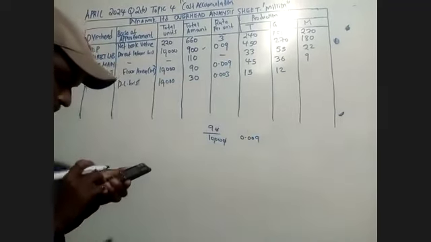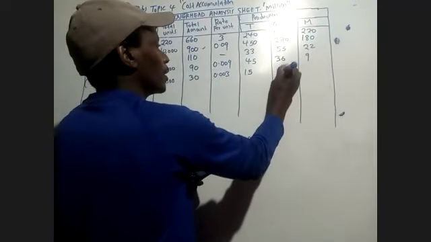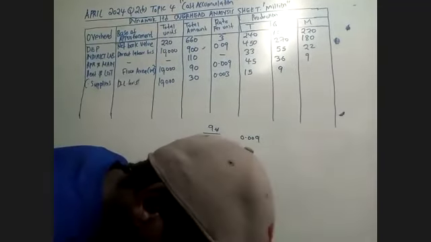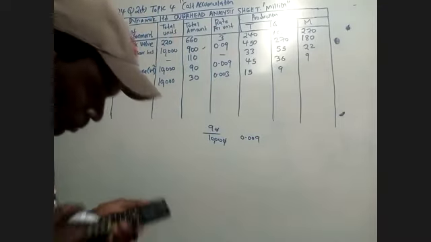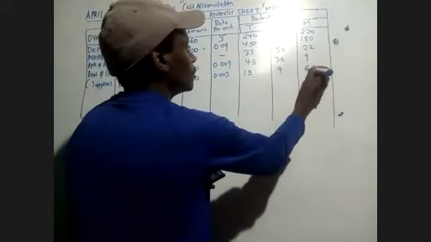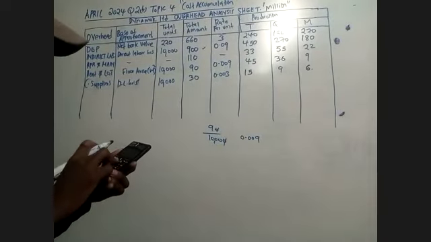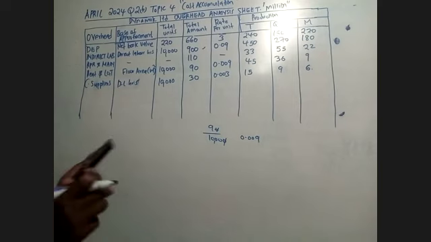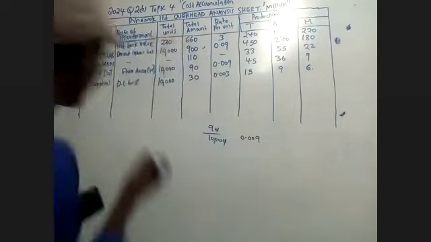Nimefanya makosa. And then tumalizia mwisho kwa 2,000, which ni 6. So 15 plus 9 plus 6 nakupatia 30. Then tuko na ya mwisho pale, general overhead.